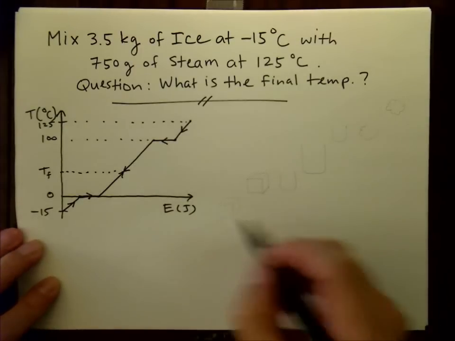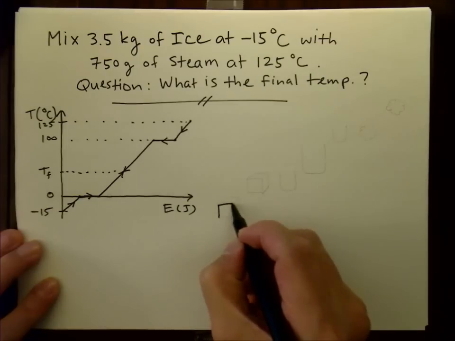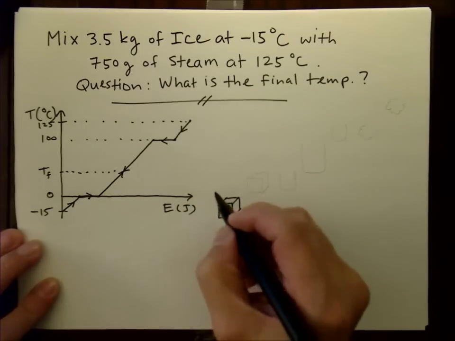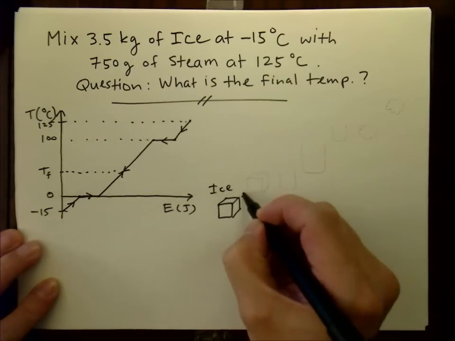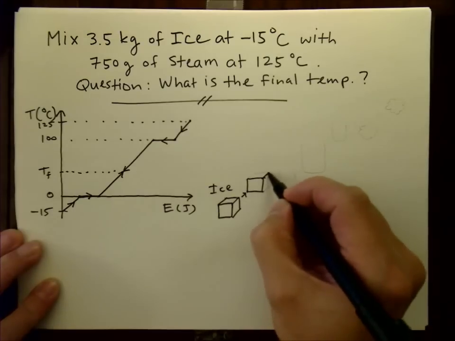Another way to look at it is to look at a diagram over here whereby you start with a cube of ice, and we know that it heats up and remains a cube of ice at 0 degrees Celsius.